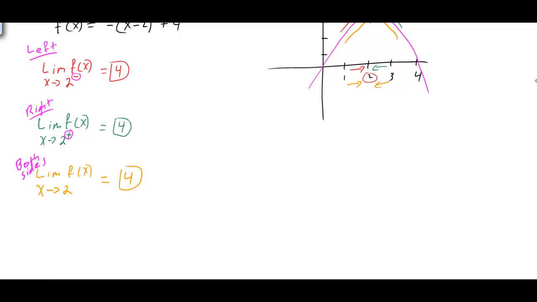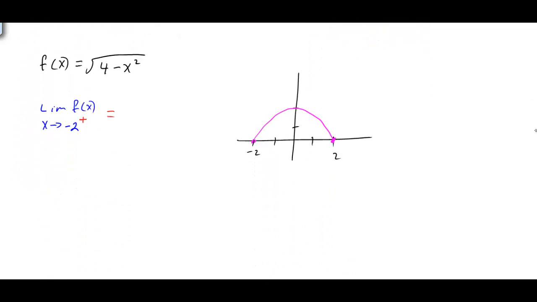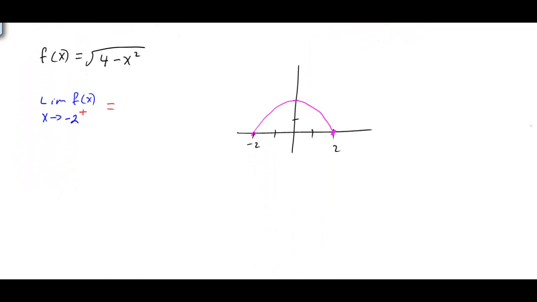Now, you may ask, why do we want to look at a limit from one side? Well, if we look at the following function, the square root of 4 minus x squared, we have half of a circle here going from negative 2 to 2. If we want to look at what's happening as we get close to negative 2, you'll notice I used the little plus sign.